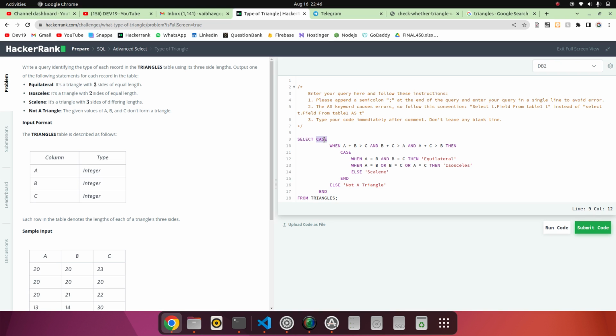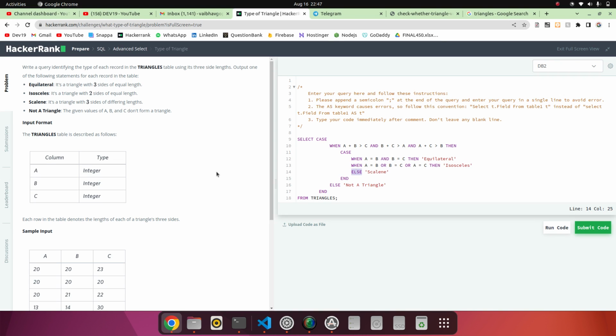Our condition starts from CASE and ends with END. WHEN is the if, like if a plus b is greater than, we will see that later. First see the syntax: CASE has an END block, WHEN has an ELSE block, then again CASE has an END block. So this is the syntax.